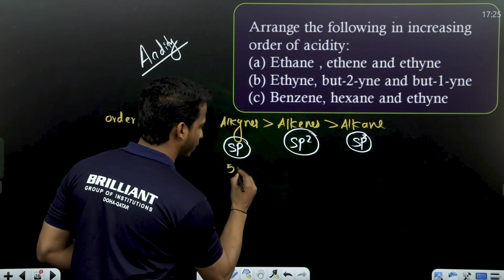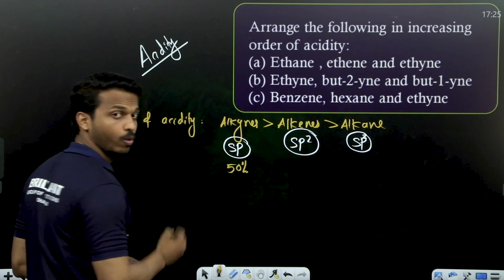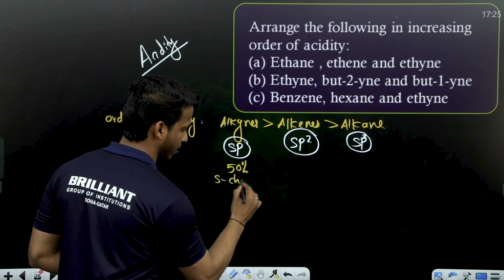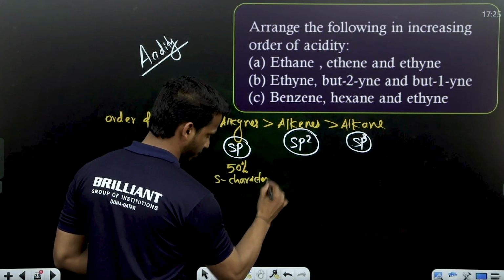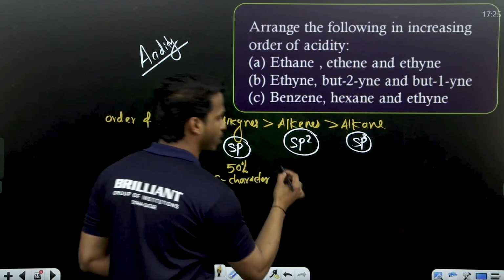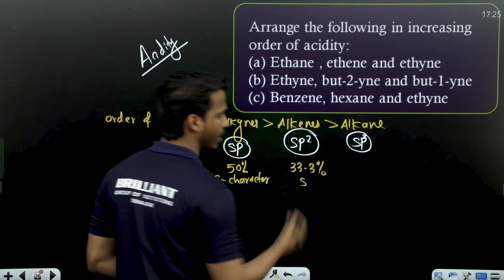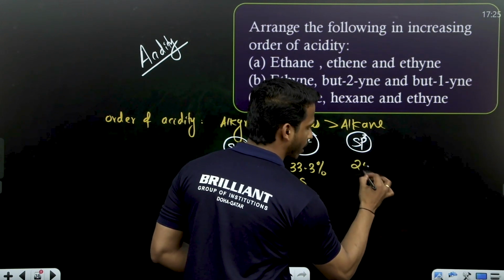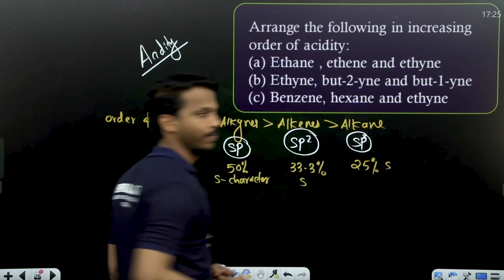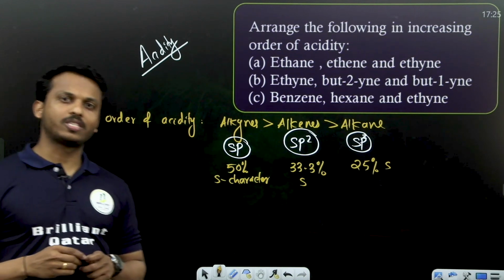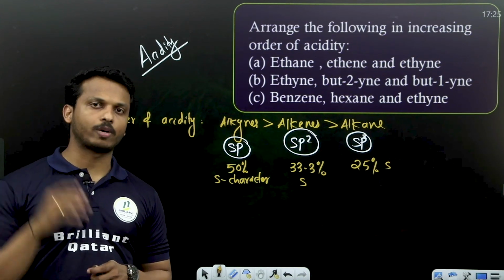So here 50% S character. What about sp2? 33.3% S character. What about sp3? Only 25% S character.